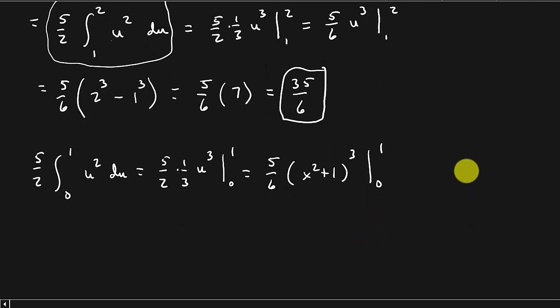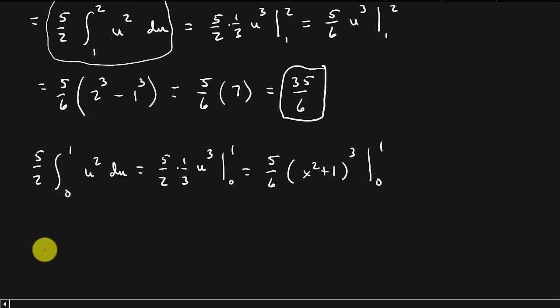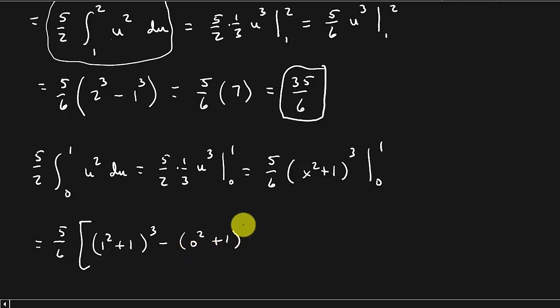Okay, you see that? So now let's evaluate. That's going to give me 5/6 times, now let's plug the 1 in, so that's 1 squared plus 1 cubed minus 0 squared plus 1 cubed.